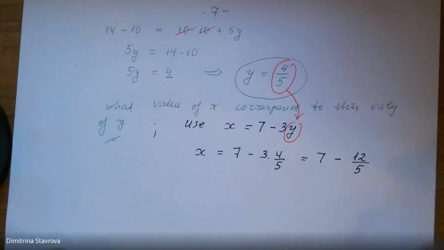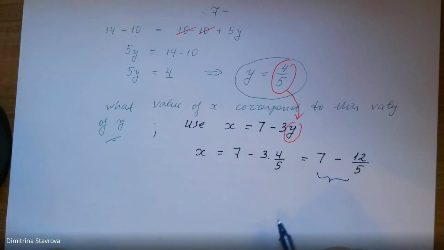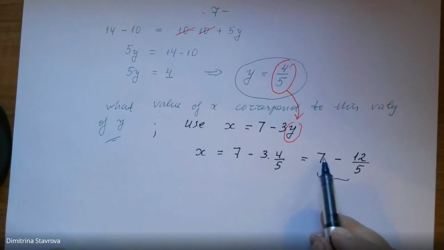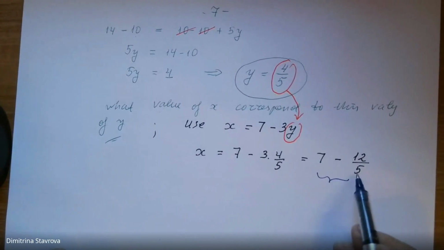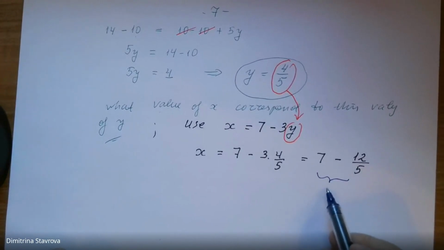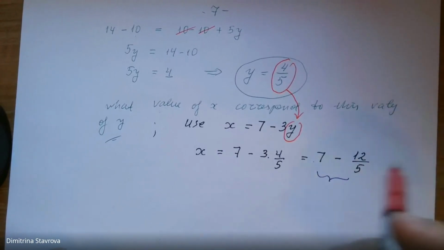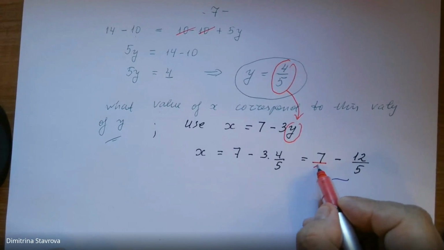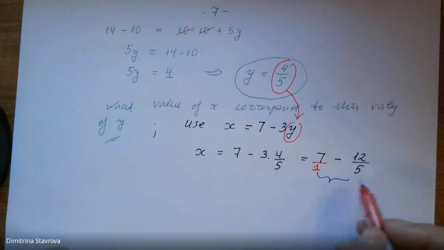In order to find the final value of x, we have to represent both of those terms as fractions with the same denominator. We can always think about an integer, which is 7, as having denominator 1.